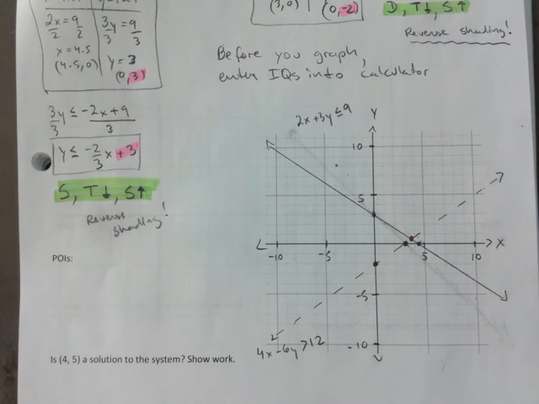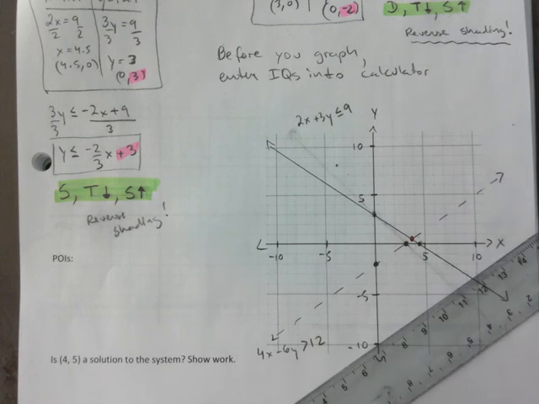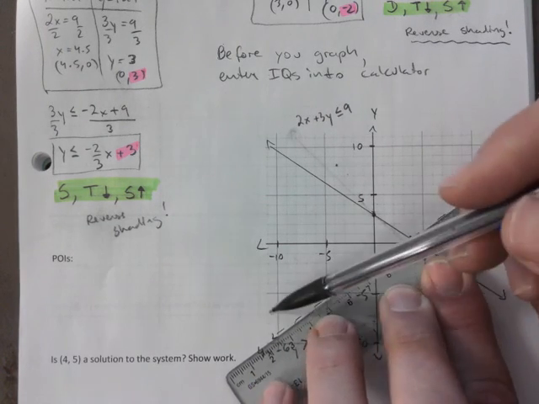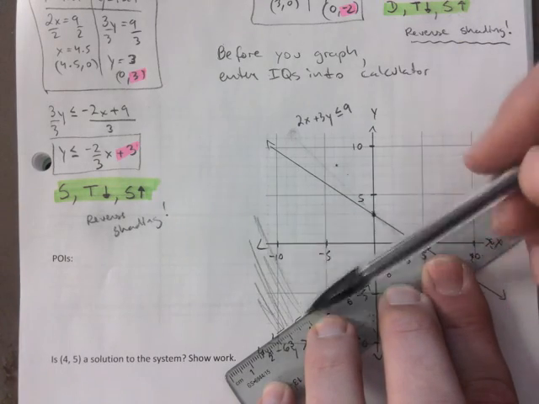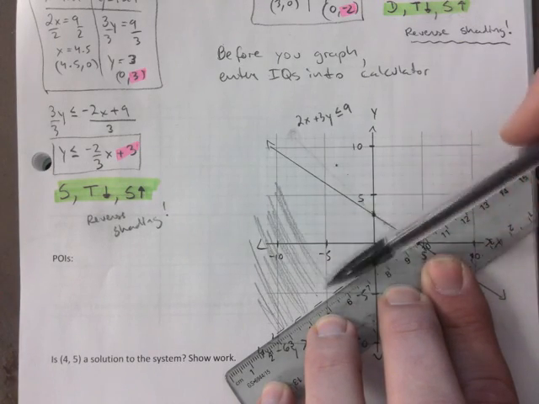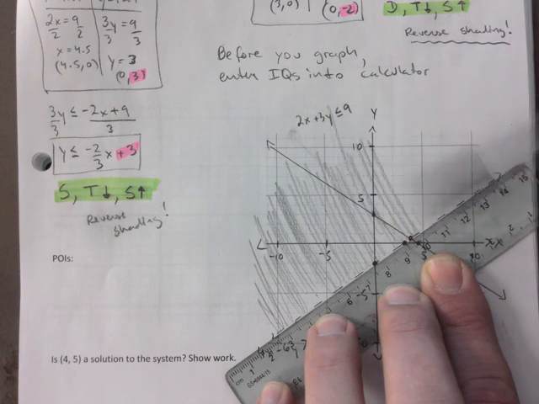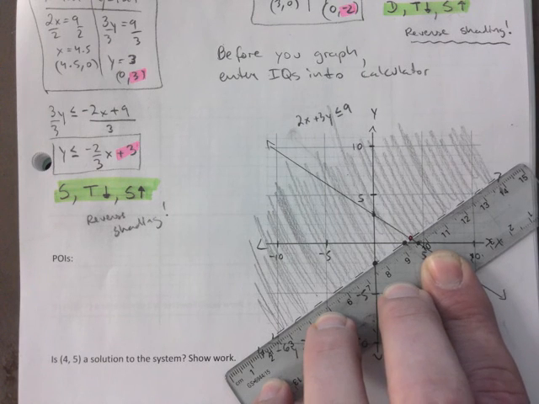And so let's shade. So the very first one, I'm supposed to shade above the line, correct? So you go on it. And just lightly, okay? Now see why I also shade at the end?